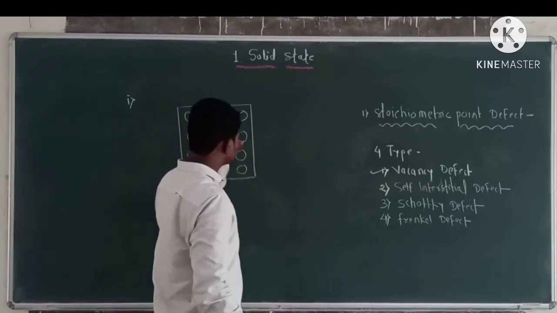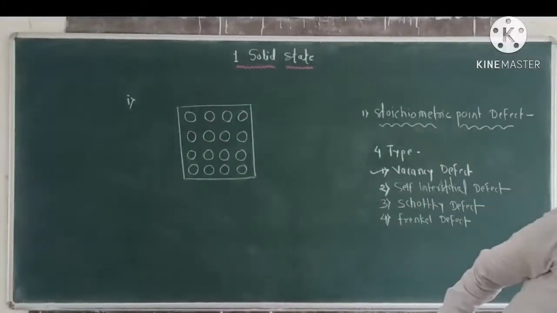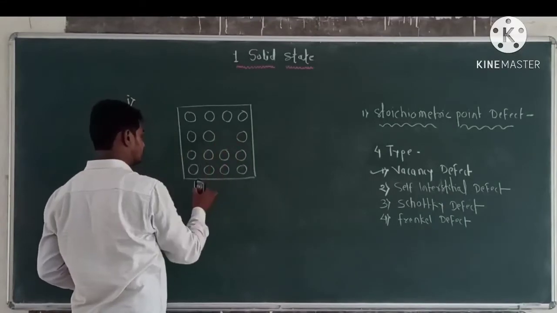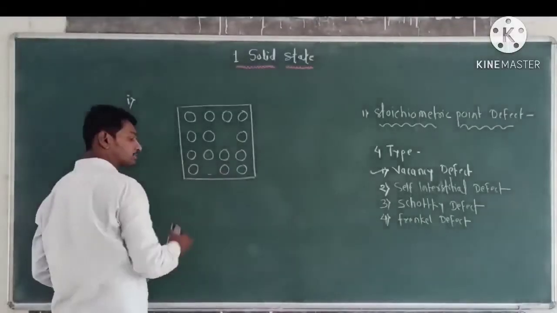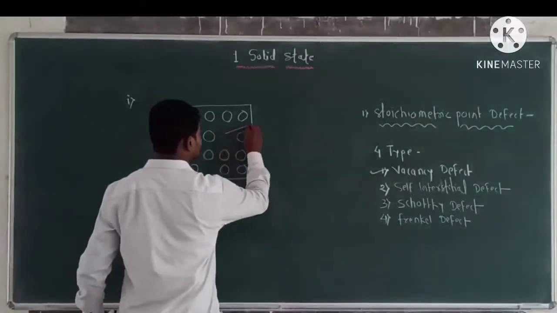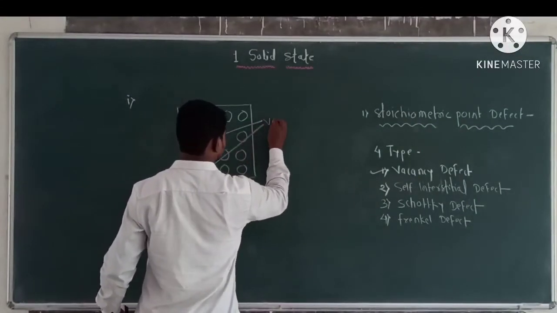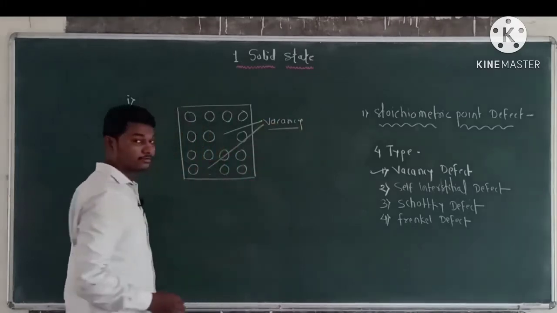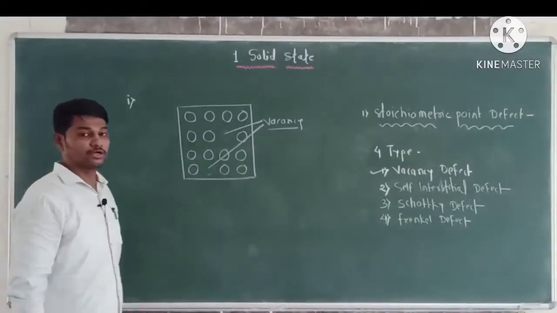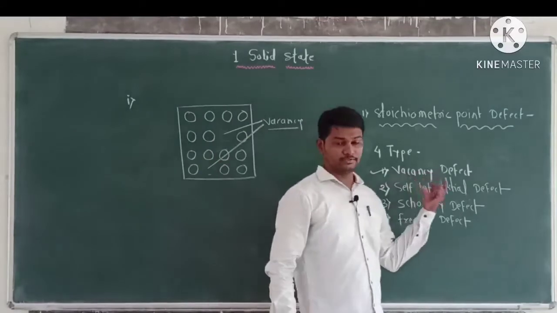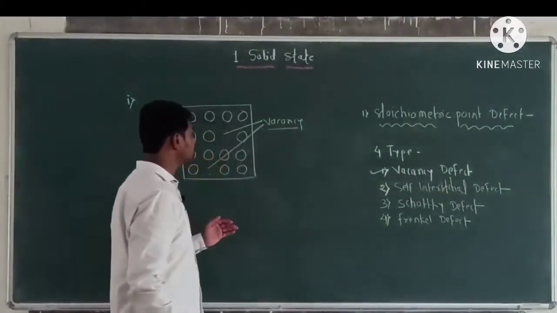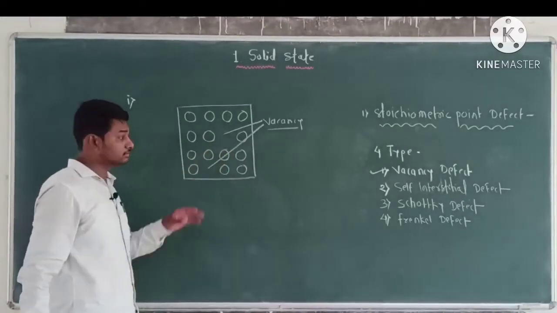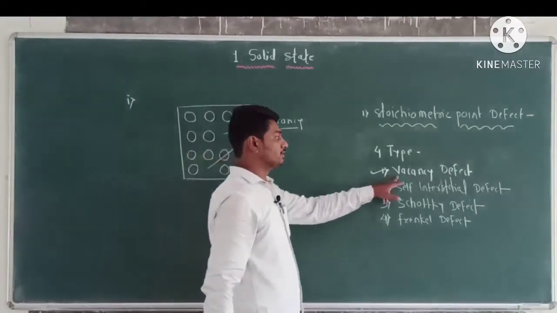Now in this solid some constituent particles are absent. These constituent particles are absent, so it produces a vacancy. Therefore such a defect is called vacancy defect.